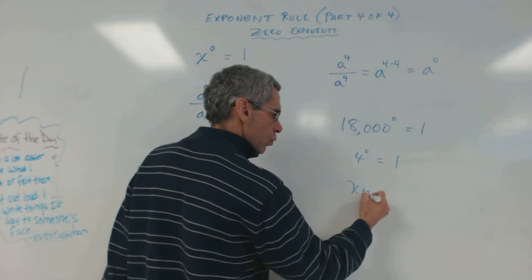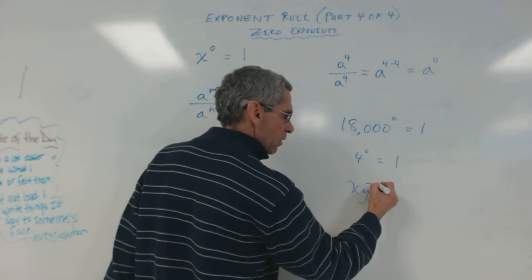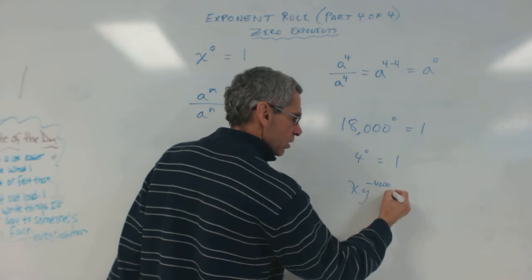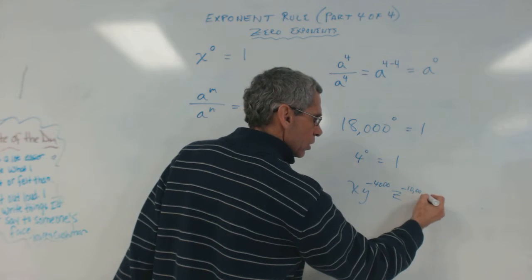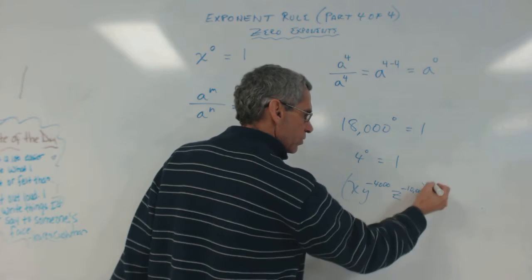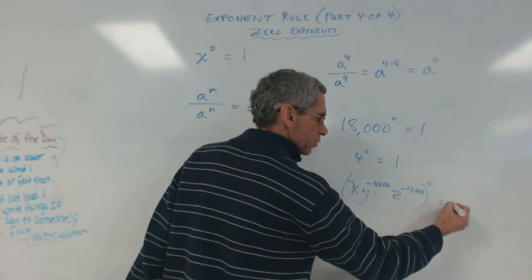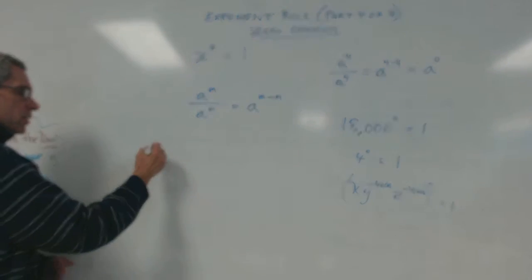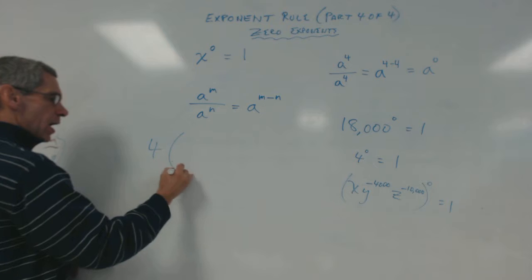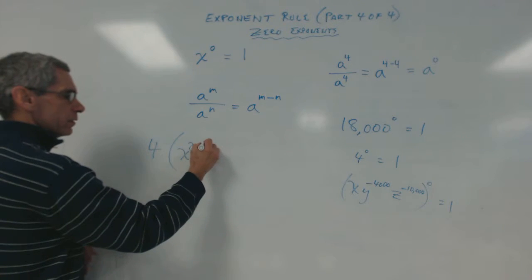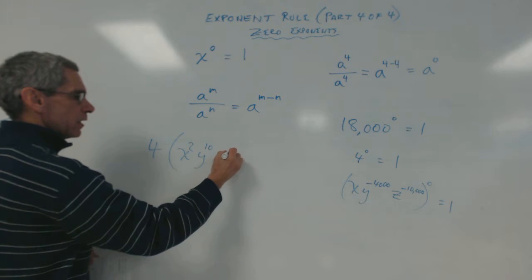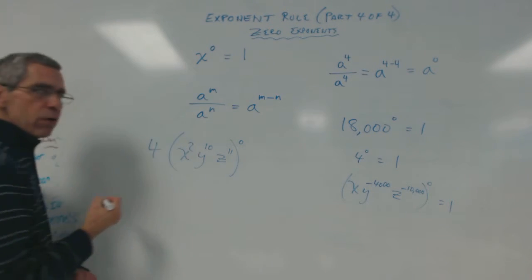What is x, y to the negative 4,000, z to the negative 10,000, all raised to the 0 power? 1. Okay, what is 4 times x over squared y to the 10th, z to the 11th, raised to the 0 power?